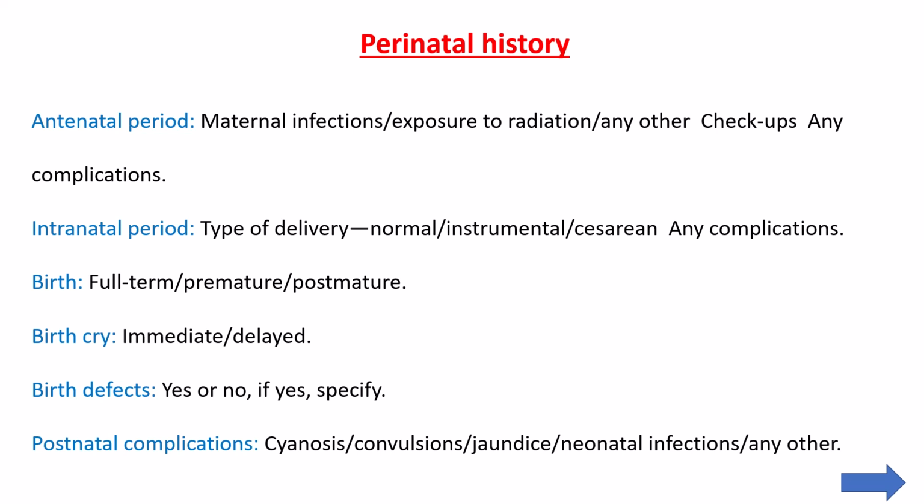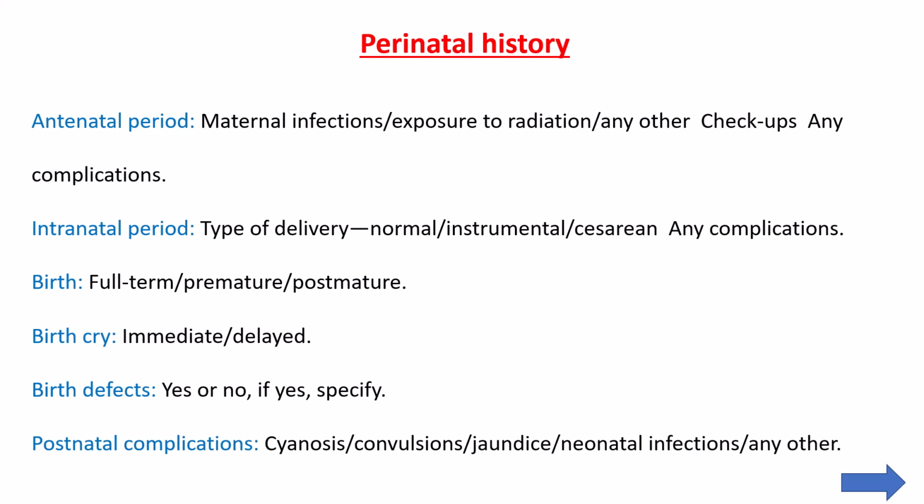If the mother brings her son, who is the patient, to hospital, then the nurse can ask the mother about maternal infection, exposure to radiation, other checkups, and any complications. The mother will tell if there was a chance.